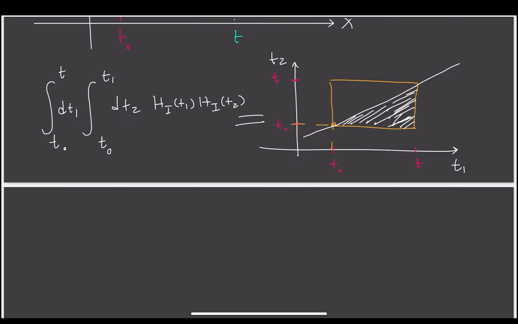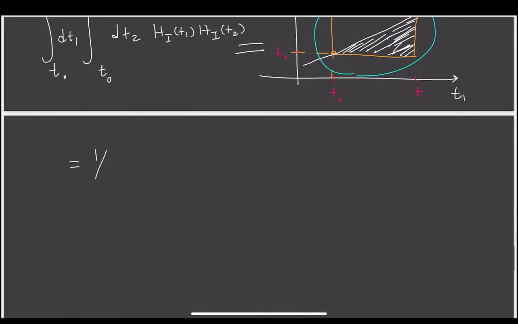This is equal to this integral here. Instead of doing that, what I can do is calculate the area of this whole rectangle and then divide it by 2. So this is equal to 1 over 2.